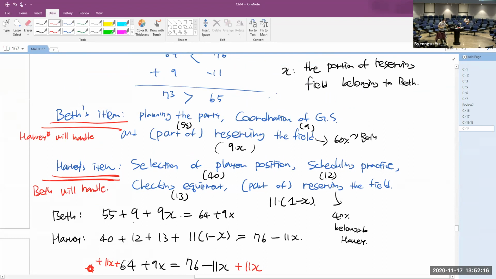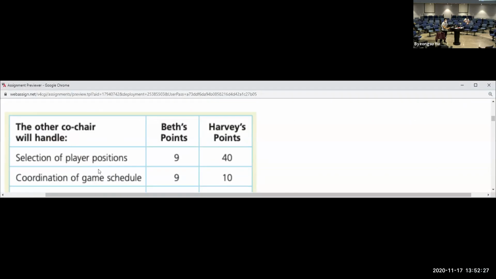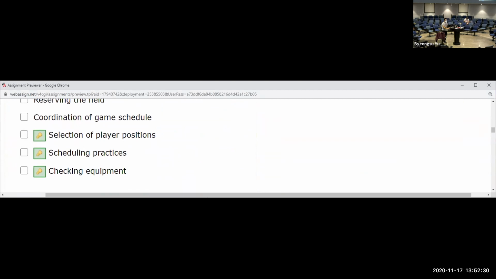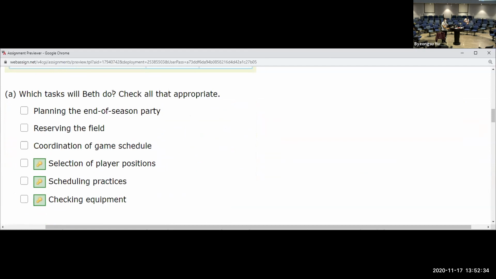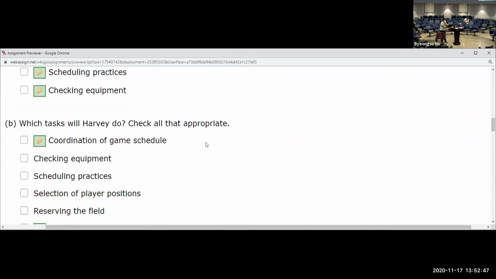So that's why in the actual quiz, the answer to number A, which asks which tasks Bass will do, is actually what Harvey chose, right? So that's selection of player positions, scheduling practices, checking equipment, and part of reserving the field.